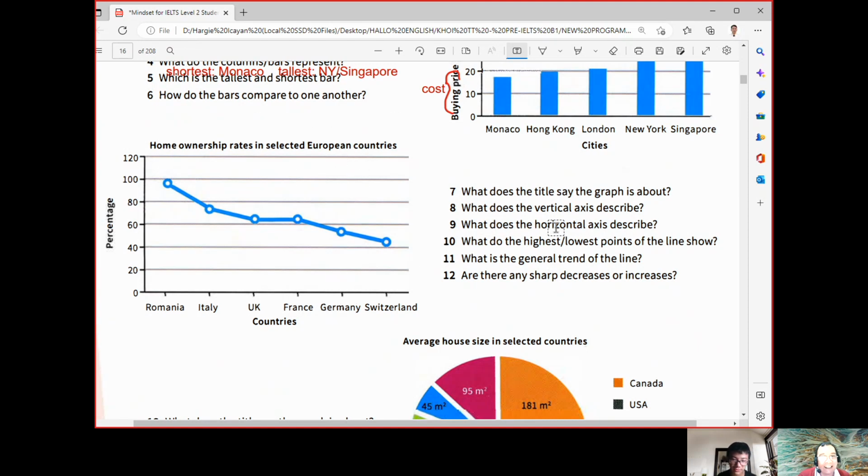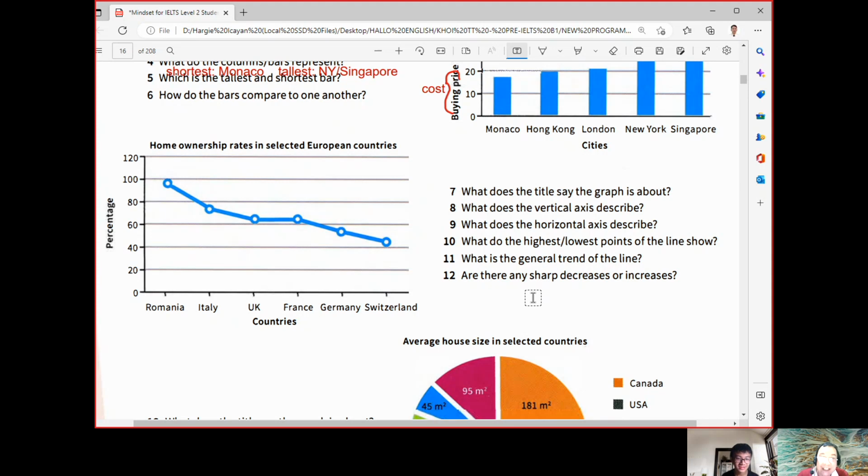What does the title say? The graph is about home ownership rates in selected European countries. That's correct. What does the vertical axis describe? The vertical axis is about the percentage of home ownership rates.